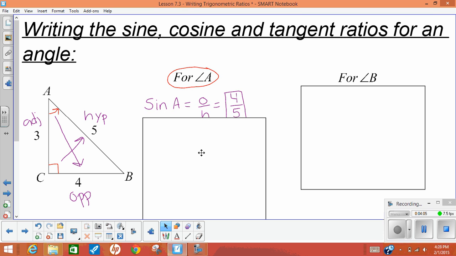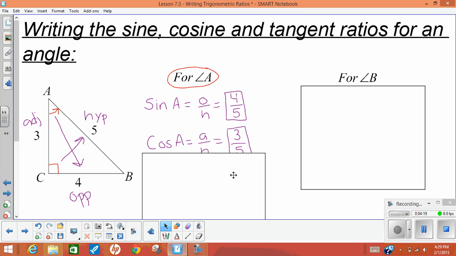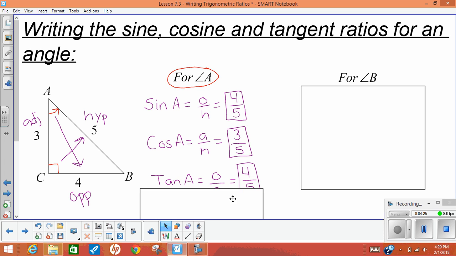Sine is opposite over hypotenuse. Here we're talking about angle A, so the sine of angle A is O over H, which is 4 over 5. Cosine is A over H, so 3 over 5. And finally, tangent, O over H, opposite over adjacent, gives us 4 over 5.